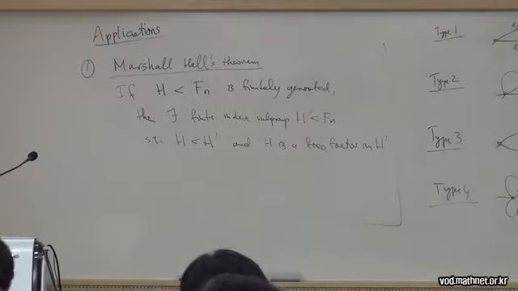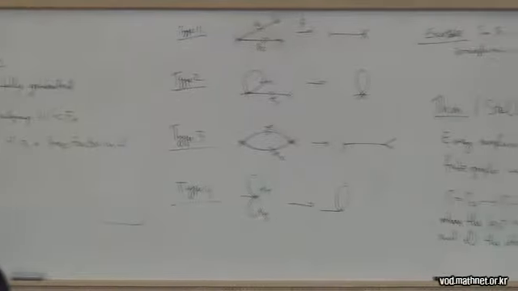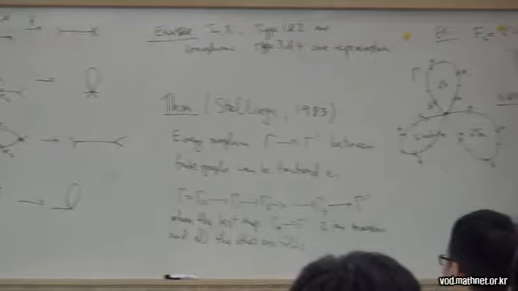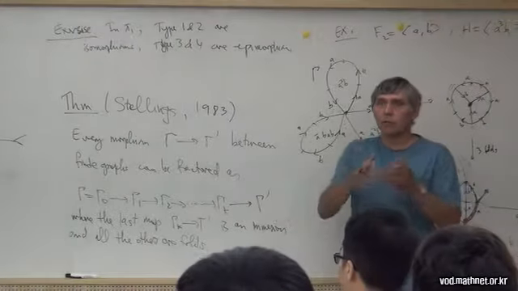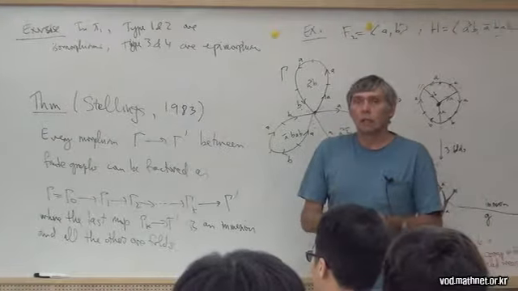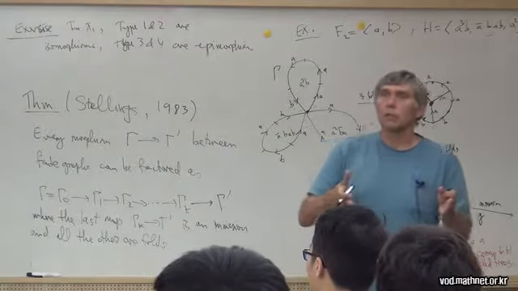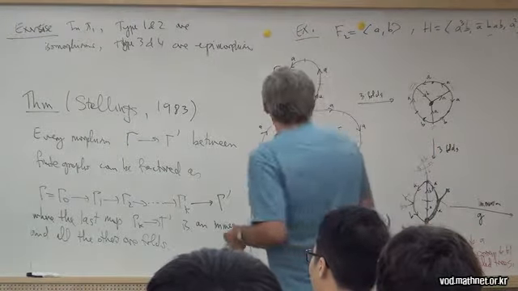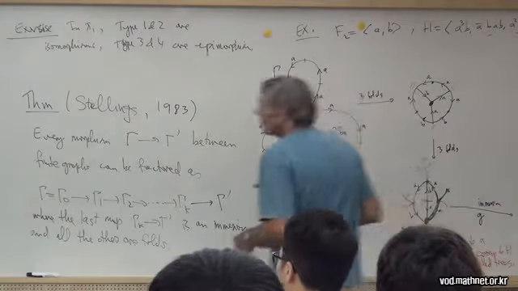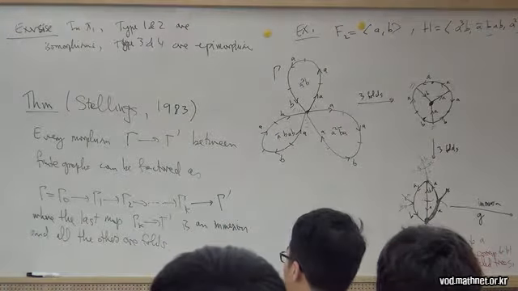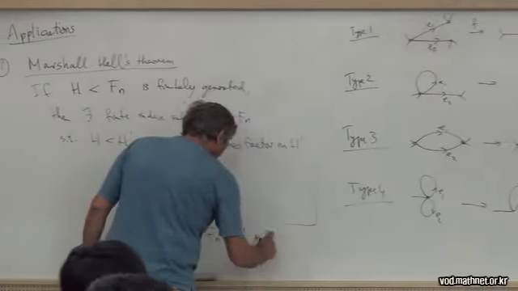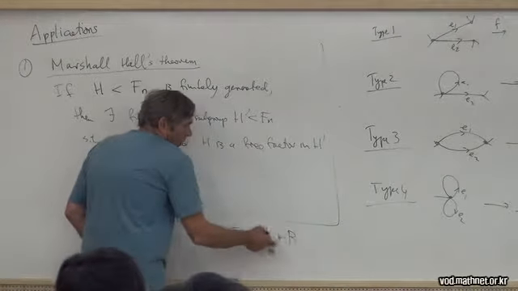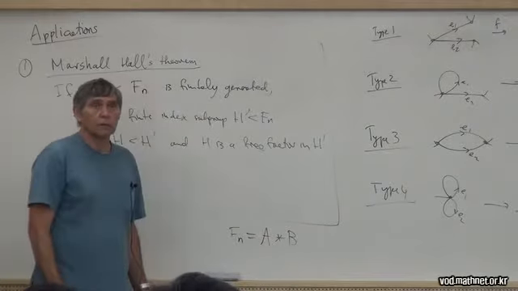Like the subgroup generated by A would be a free factor in the group generated by A and B. Or if I had A, B, and C, then I could take the subgroup generated by A and B. Whenever you take a subset of a basis, that's a free factor. Or equivalently, you can write Fn as a free product, and then A or B are both called free factors.